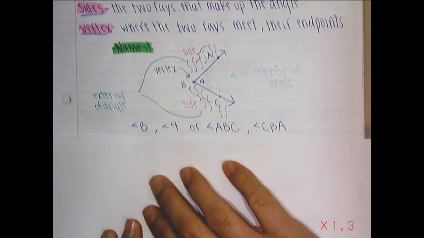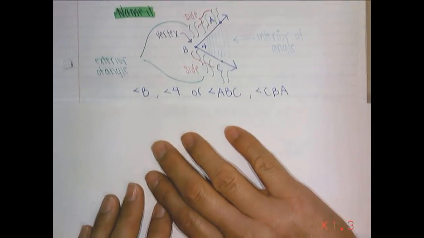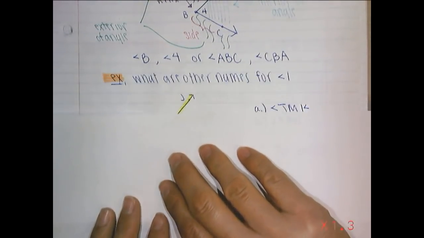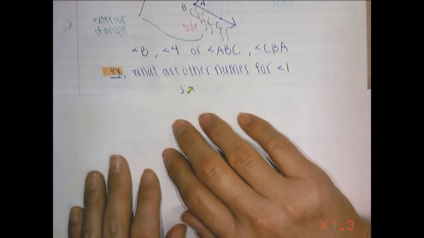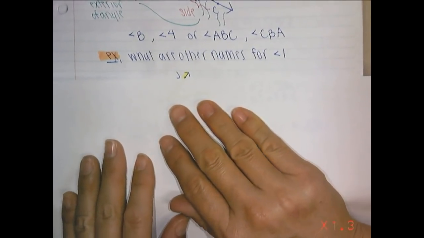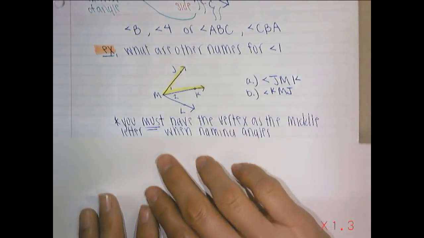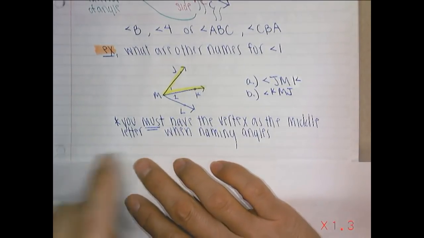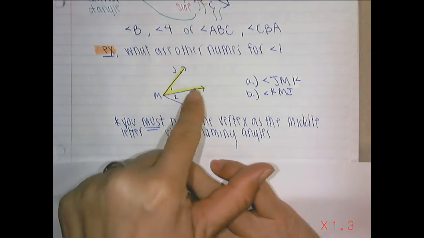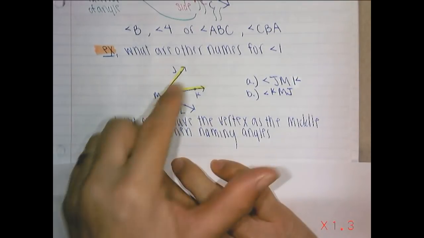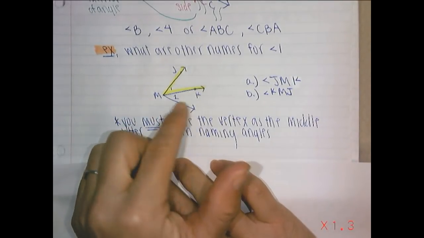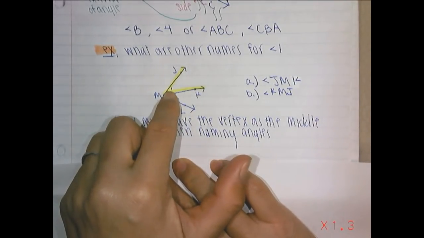Okay, so let's look here. We'll get a more complicated angle. We're going to look at this angle, and the question is, what are other names for angle 1? Okay, I went ahead and drew, you notice there's a couple angles here, but I highlighted this one in yellow so that you could see that this is actually angle 1.